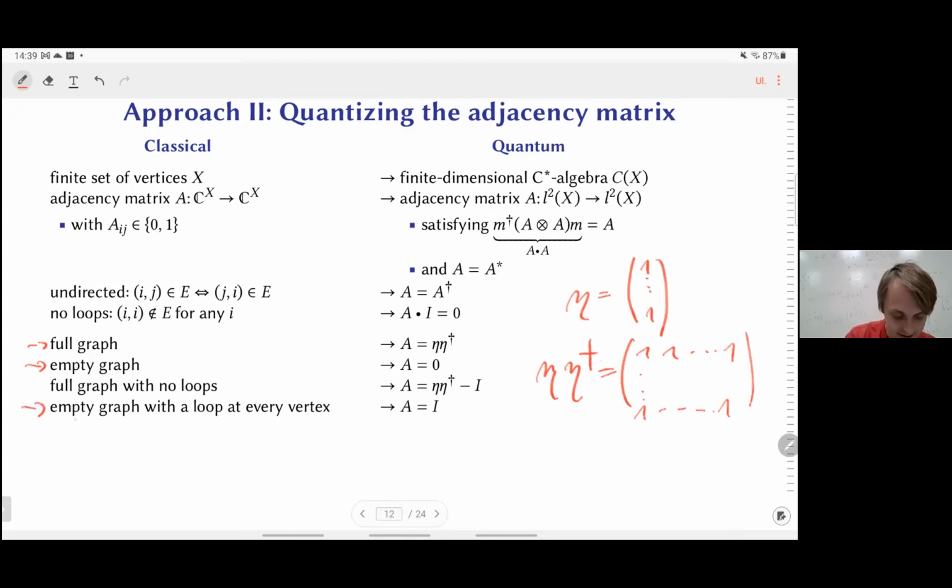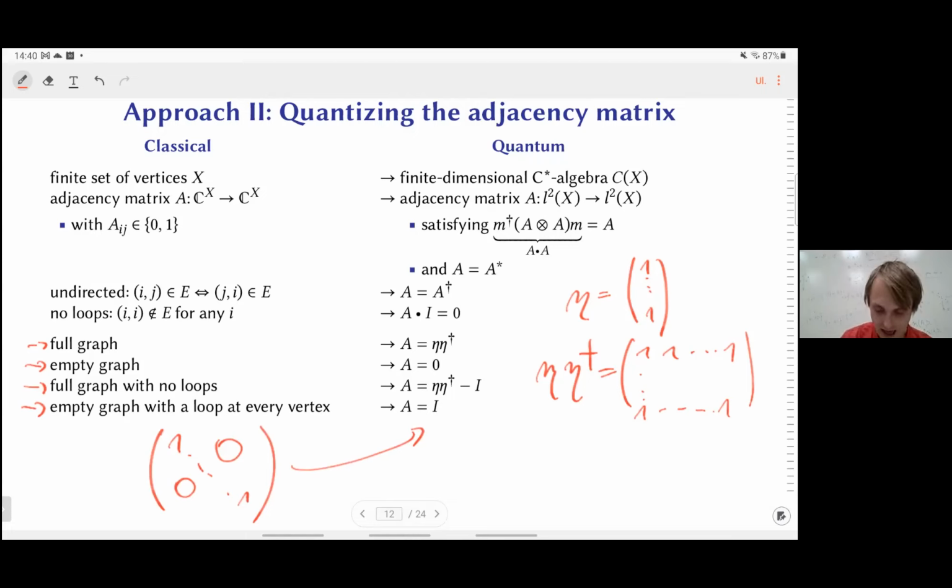Then you might have the empty graph with a loop at every vertex. Classically, this is just an identity matrix, so we put this also into the quantum case. And finally, you can have the full graph with no loops, just taking the full graph and subtracting the identity matrix. So those are the simplest examples.